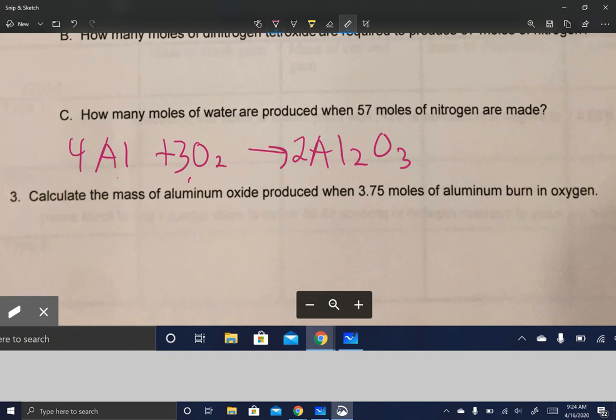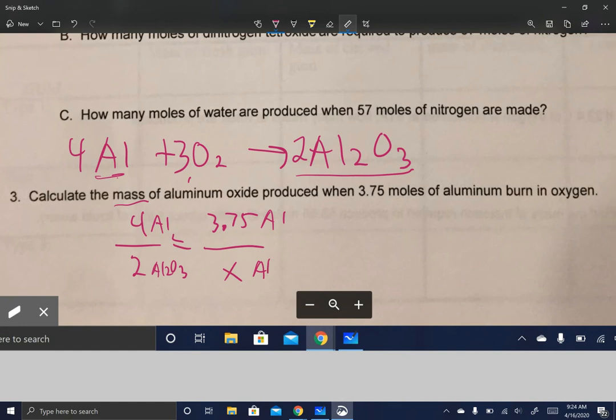All right, so now mass of aluminum oxide. We want to know the mass of this produced when 3.75 moles of aluminum react. So the first thing I'm going to do, I'm going to say 4, 2, 3.75 to X. Again, I'm going to go over this again tomorrow, but here's my aluminum, here's my Al2O3.